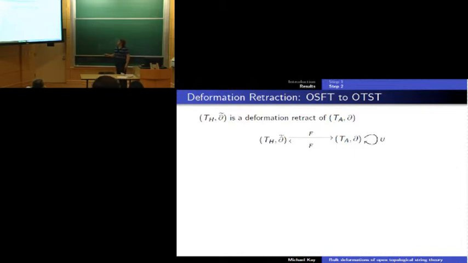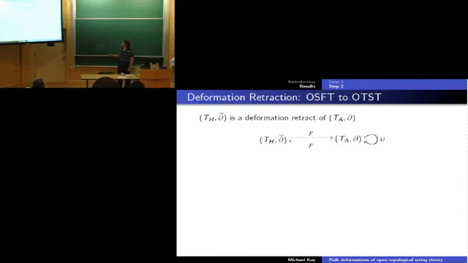So the key observation is that the infinity structure on-shell is a deformation retract of the infinity structure off-shell. So it's important to stress that the minimal model theorem is something that happens at the level of H and A, and here instead we have TH, TA, and instead of the little BRST differential, we have the whole infinity structures.